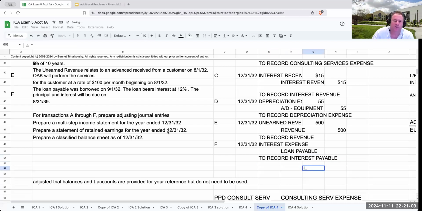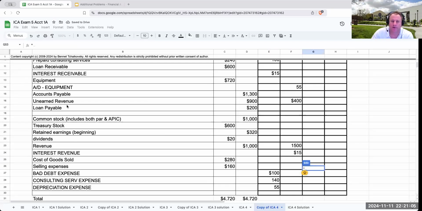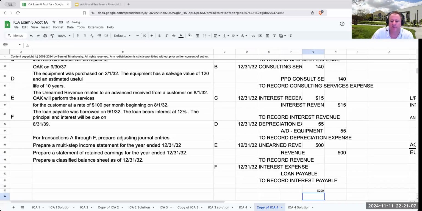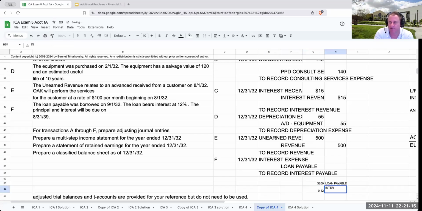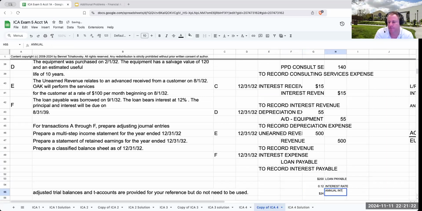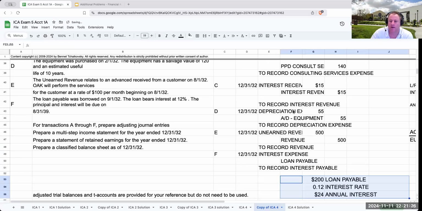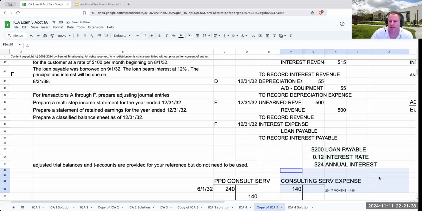Okay. So my loan payable amount is at 200. My interest rate is going to be at 12%. So the annual interest on the loan is going to be 24. However, I did not borrow the money for this entire time, right?